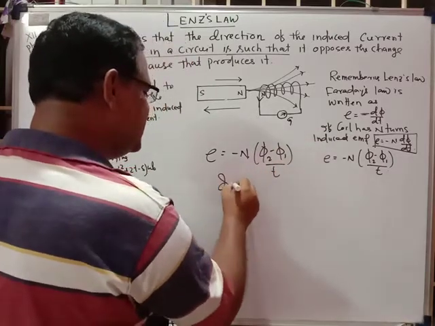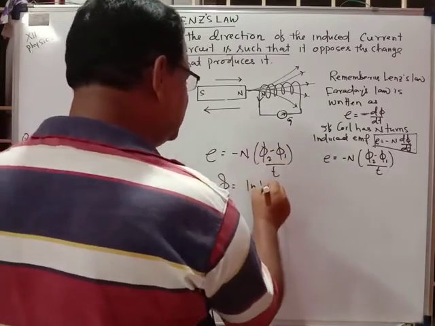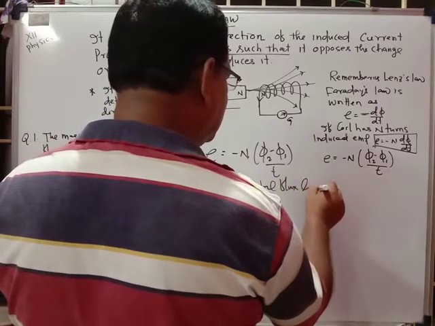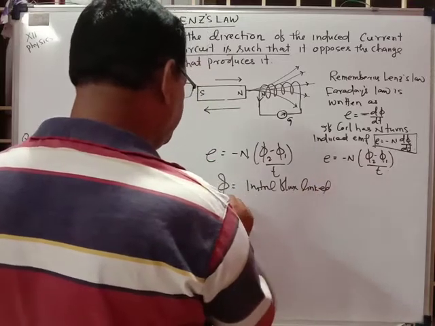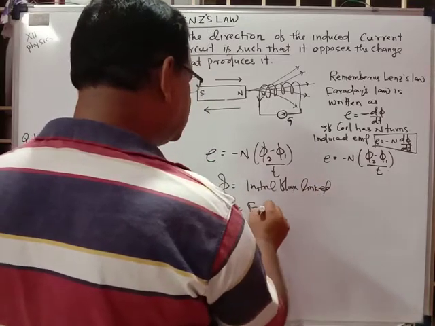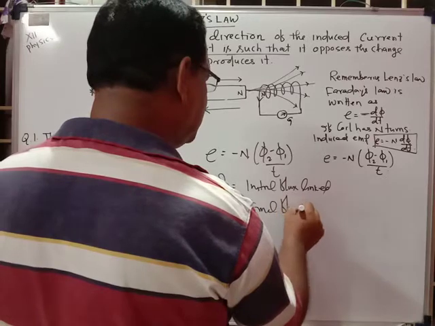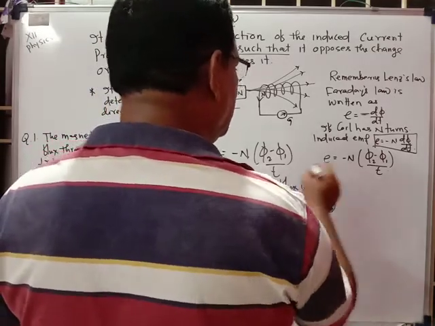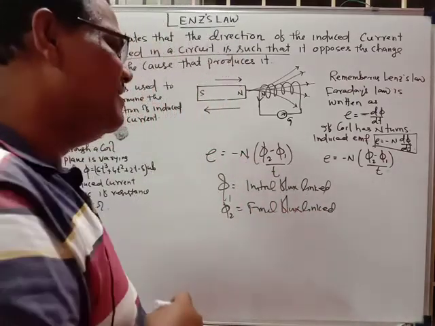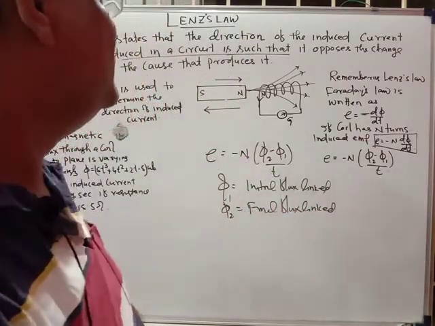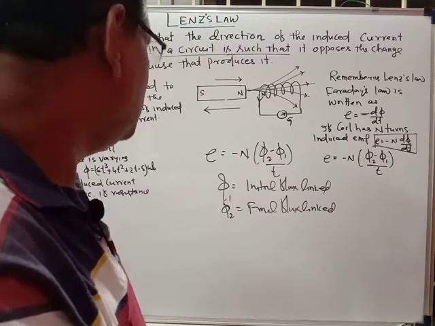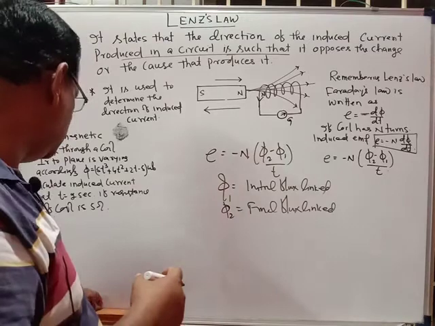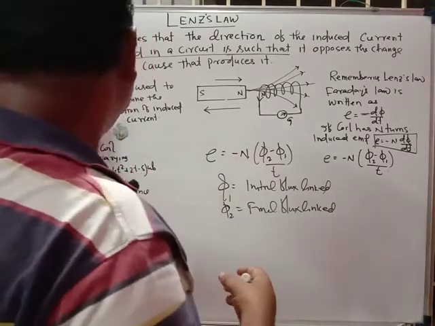Phi 1 is the initial flux linked and phi 2 is the final magnetic flux linked. In this manner, you can use Lenz's law. Now let us solve one question based on Lenz's law.